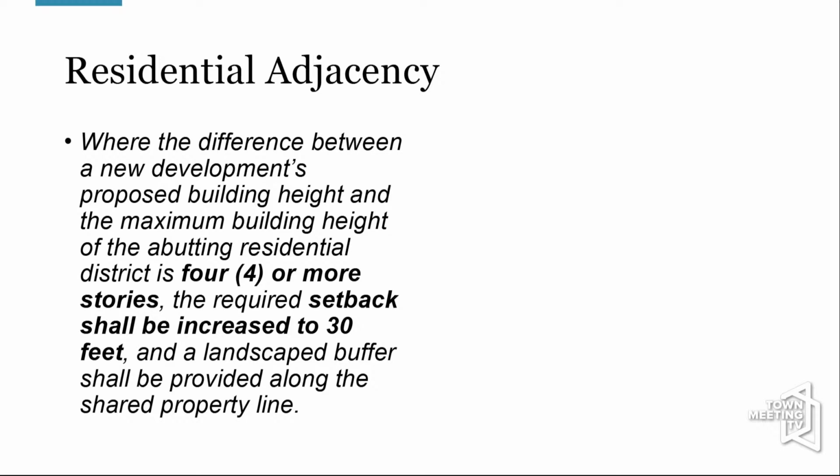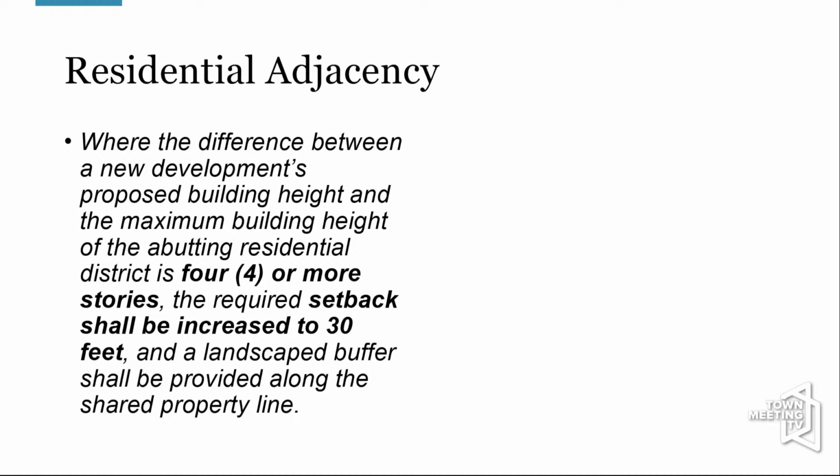There are also proposals about what we call residential adjacency. Where these taller buildings are close to existing lower height residential districts, we understand that a tall building right up to the lot line can be imposing. It could cast shadows, and that's really not what we're intending.